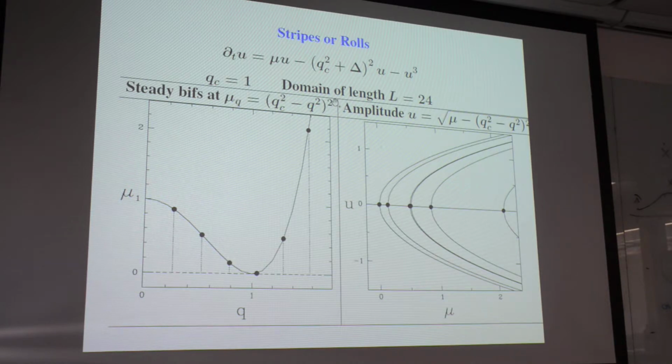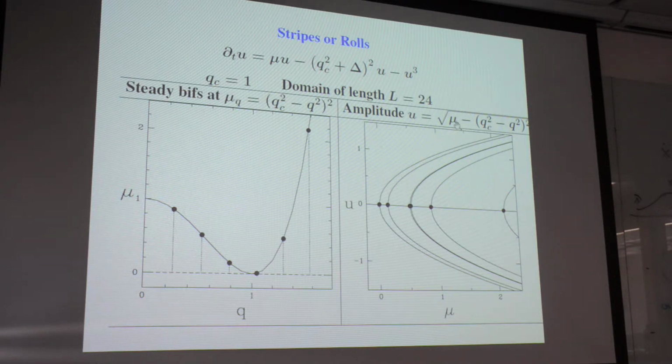And there are bifurcations at the values that are permitted by the box size. We have q equal a multiple of 2 pi over L, and that's what's being shown here. Multiples of 2 pi over L are shown here. And as you increase mu, you get more and more permitted branches, and they're shown here. This is the u values. This is u squared equals mu minus qc squared plus q minus q squared squared. These are the curves, these quadratic curves here.